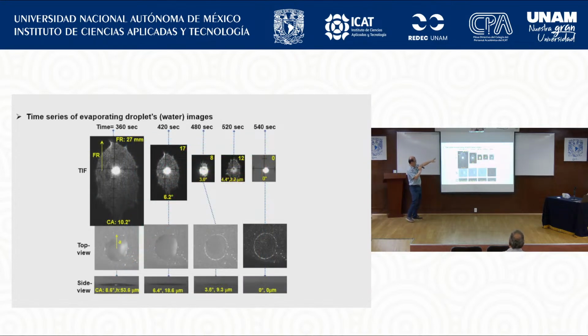Now this one shows a time series of evaporating drumlet images. Okay, the top one is top interference fringes, and the middle one is the top view, and the bottom is side view images. It shows reasonable change with time.